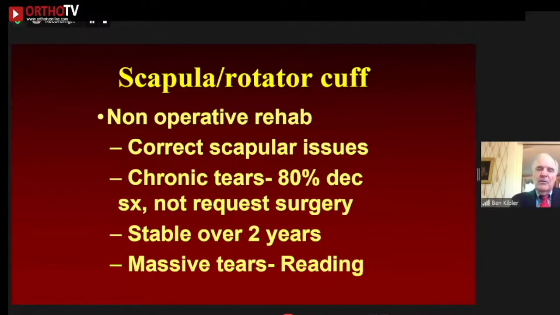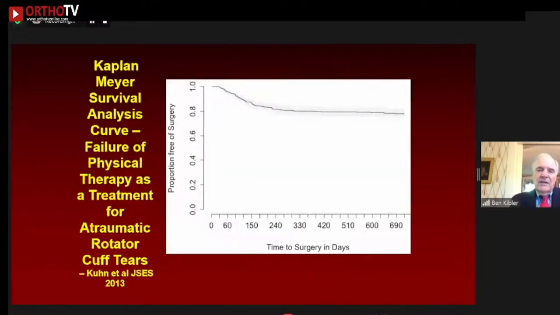And this is stable over 2 years. This is the data from the Journal of Shoulder and Elbow Surgery showing that 80% of the patients, after they stabilize at about 6 to 10 weeks, will stay in this situation, so they will not need or request surgery. So very definitely, scapular rehabilitation should be a major component of the early treatment of chronic rotator cuff disease.